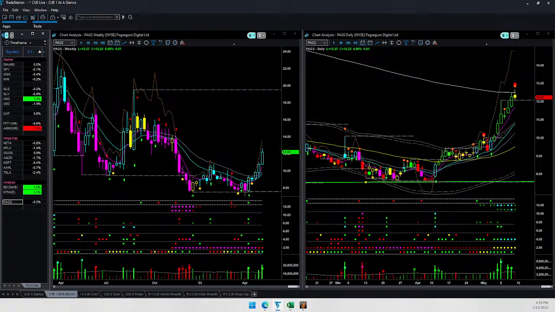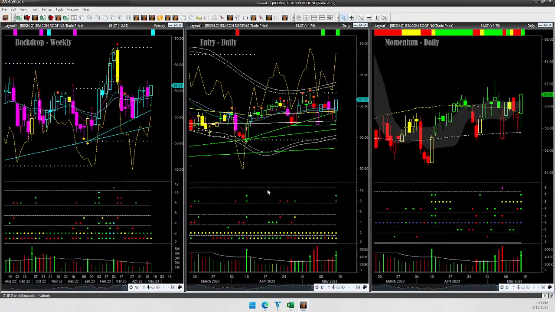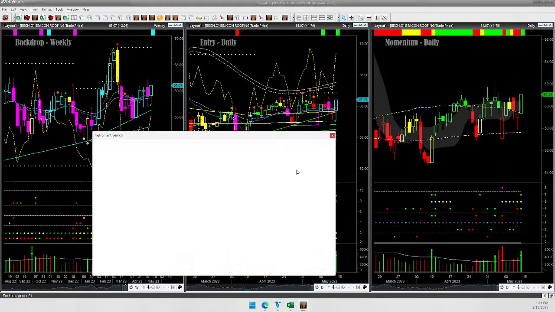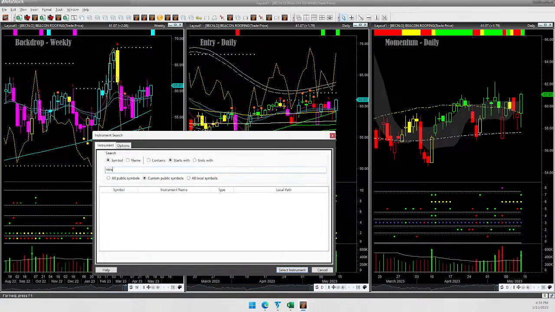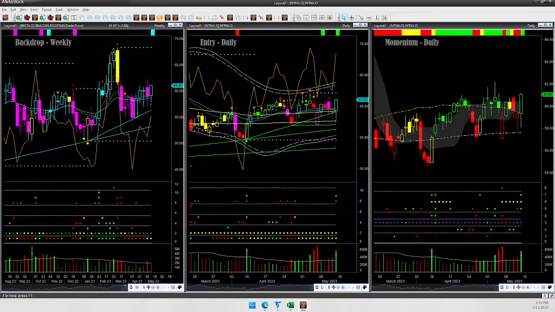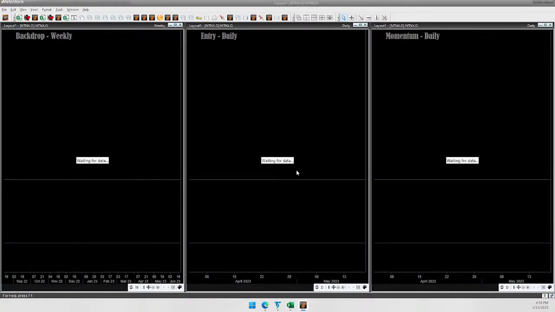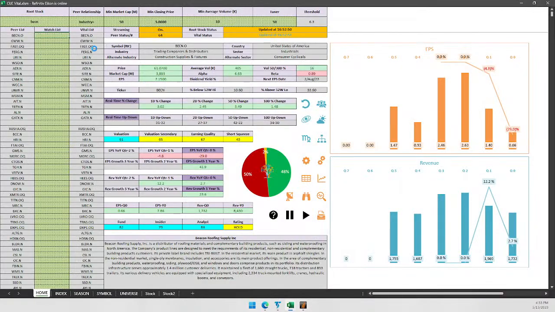The next stock, probably the last one of today, because the market level view is indecisive, I don't want to look at many stocks. But let's look at this second stock, NTNX, Nutanix, and if you are trading for a while, this was also one of the well-known growth stocks.